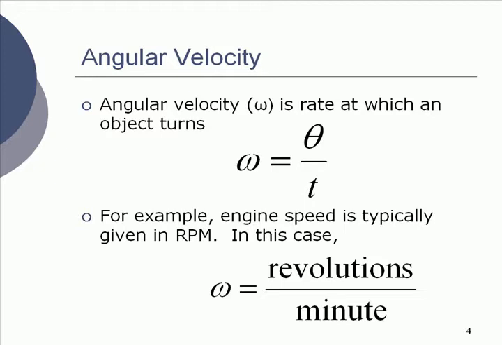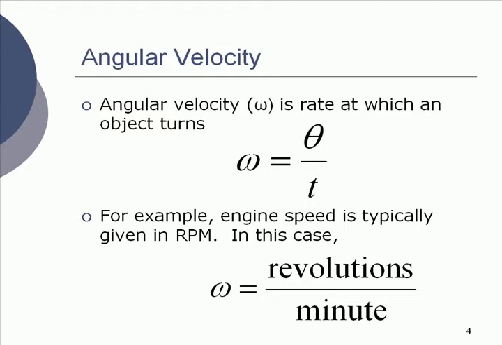Your speedometer tells you the rate that your car is moving, but angular velocity, and the symbol for angular velocity is the symbol omega, which looks awfully similar to a W, but no straight lines in there. And that's a pretty widely accepted symbol for angular velocity, so we'll stick with that.